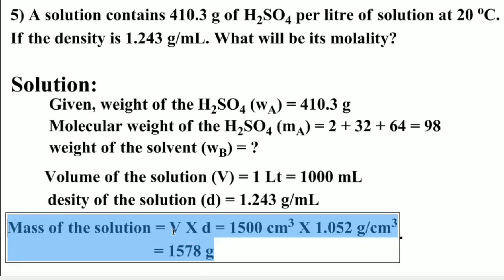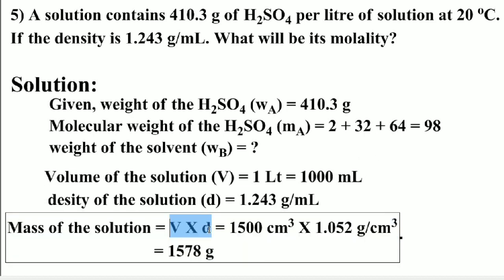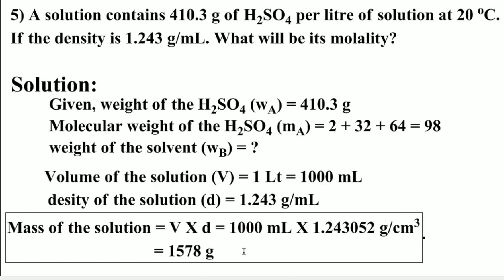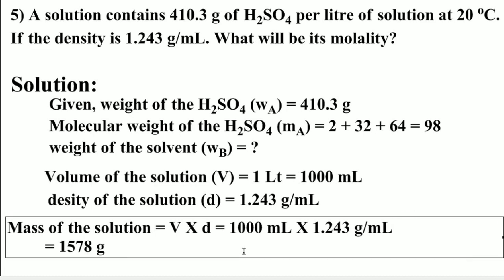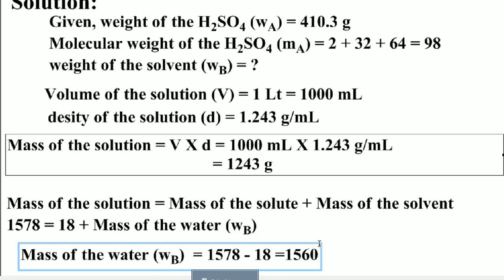Therefore, the mass of the solution is equal to volume into density. The given volume of the solution is 1000 ml and the density is 1.243 grams per ml. On multiplication, we get how much, students? The mass of the solution is equal to 1243 grams.